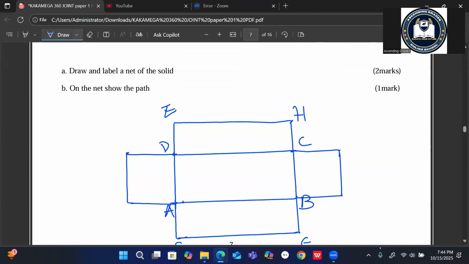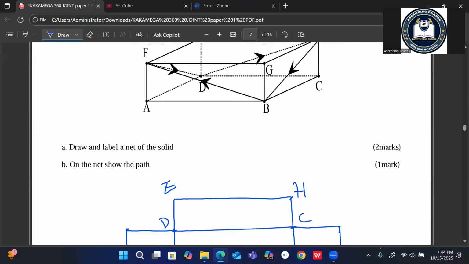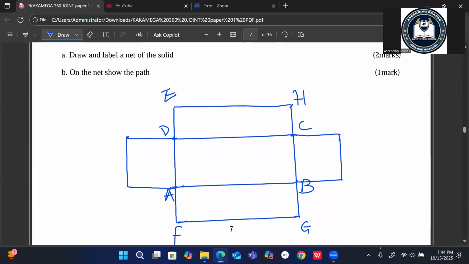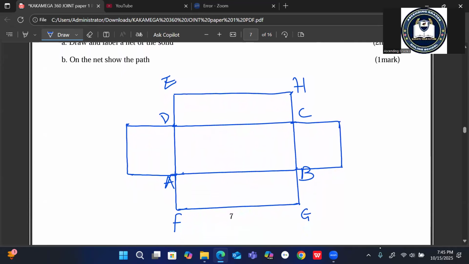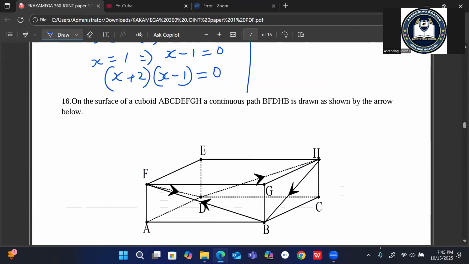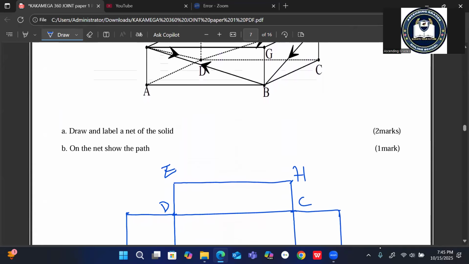So on the net, show the path. So the path is BF, but BF is this one, like that. Next is DH.